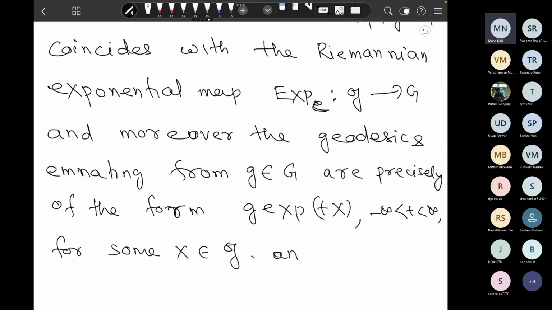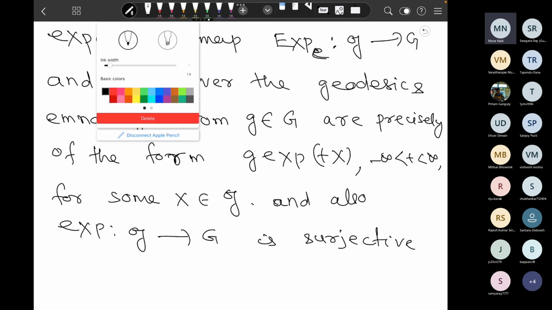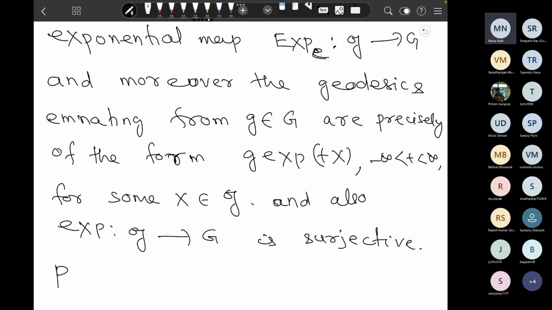And also this exponential map from the Lie algebra to G is surjective. We are not going to prove this, but this is a good result to know. Its proof is in Helgason.